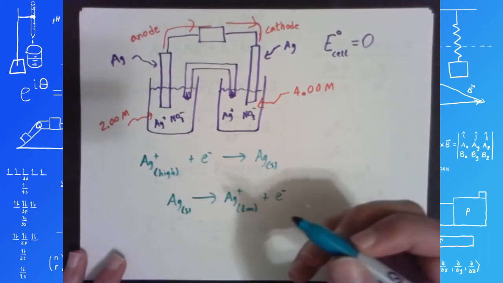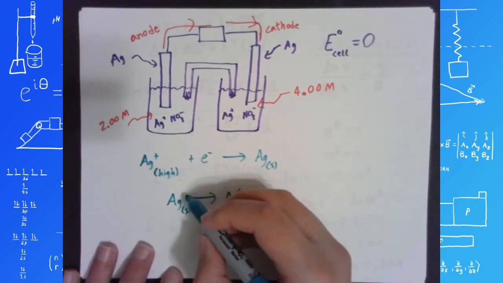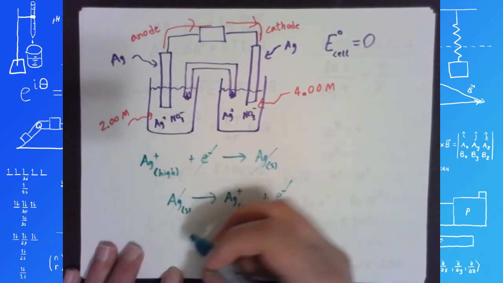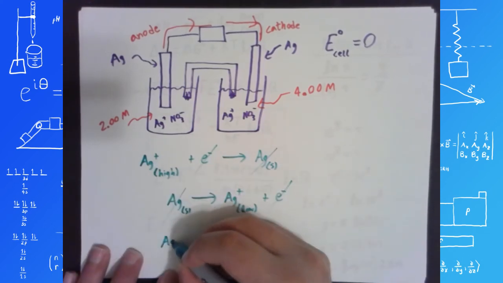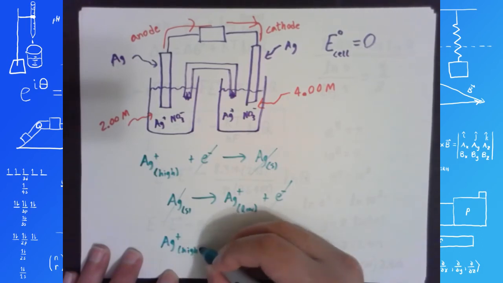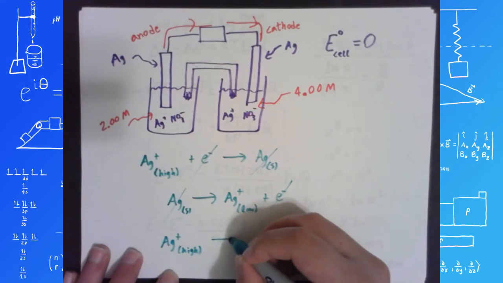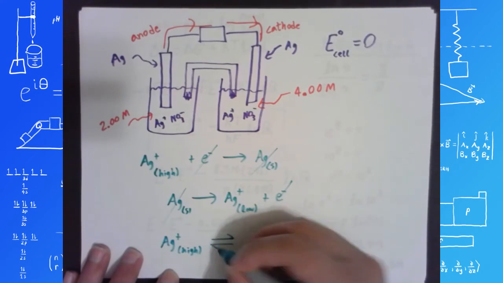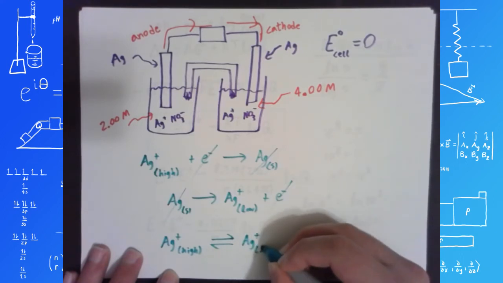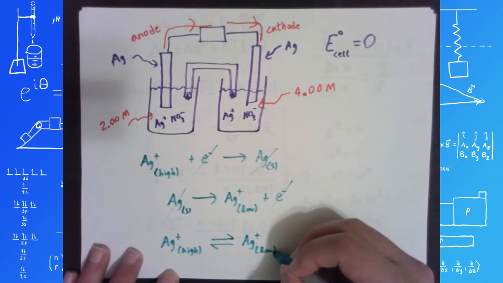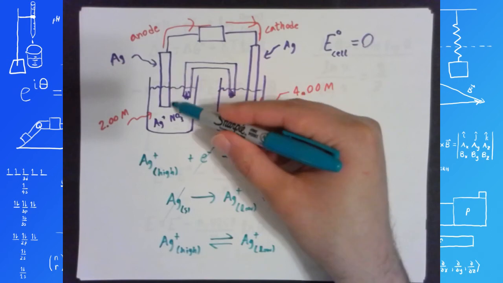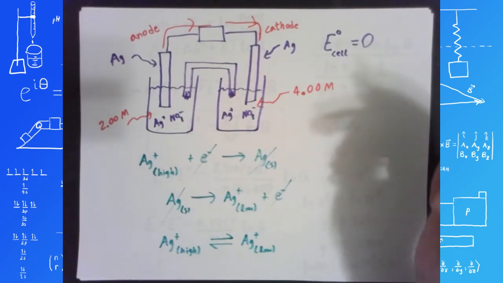So yeah, your overall reaction, I guess the solid silver cancels out, the electrons cancel out, and your overall reaction is high concentration silver being consumed and low concentration silver being produced. Ions in the low concentration chamber are being produced, and that concentration is going up, this concentration is going down.